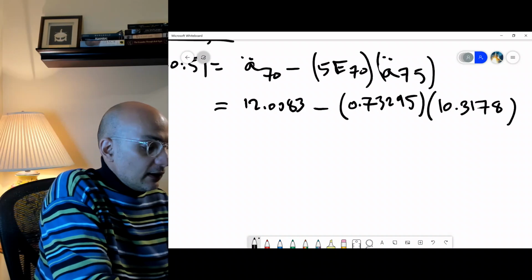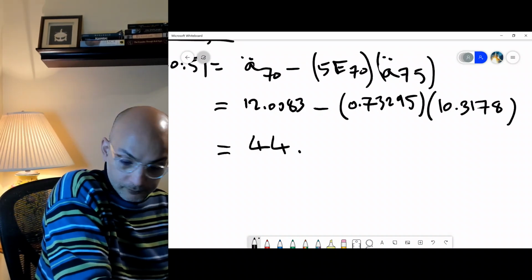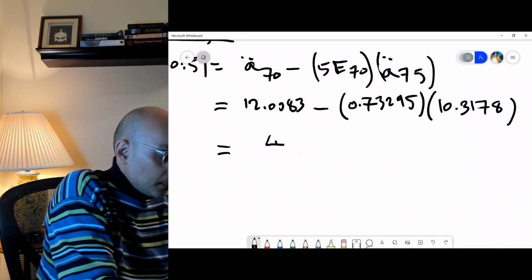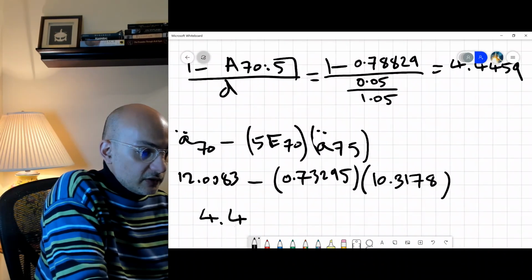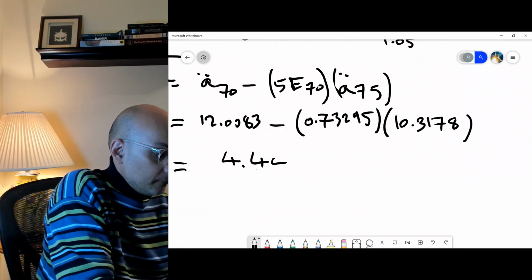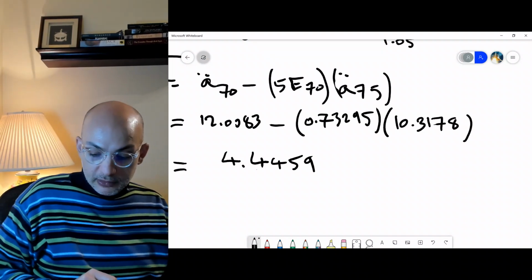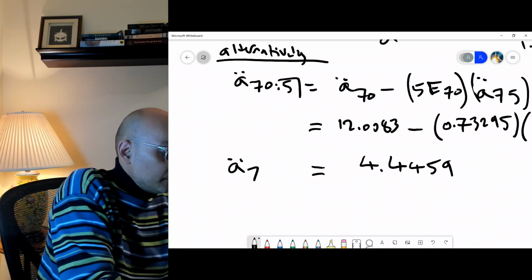And if you calculate them, it must give you exactly the same answer, 14.4459. If there is a little bit of difference, that is because of rounding error.